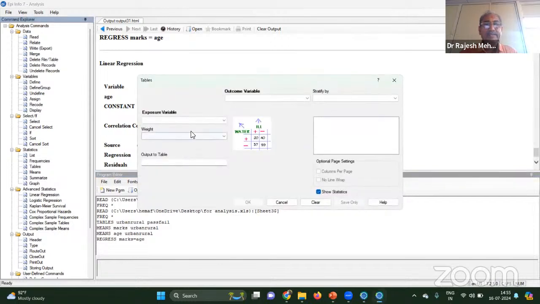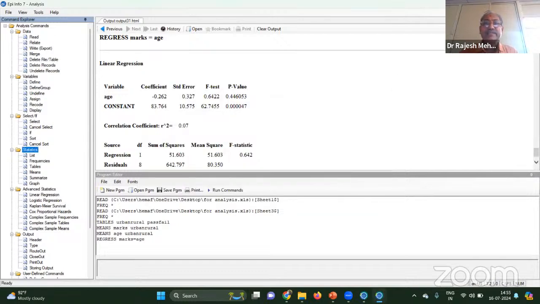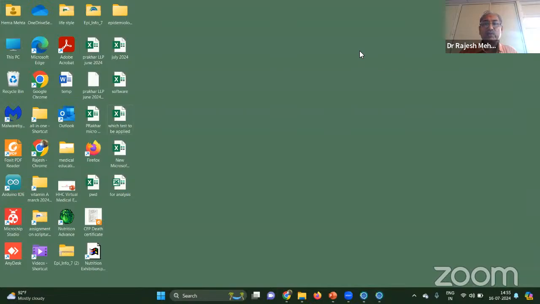In this case, our purpose is to show how to use an Excel file. I think it is clear that in Epi Info you need to select which kind of file is to be utilized.